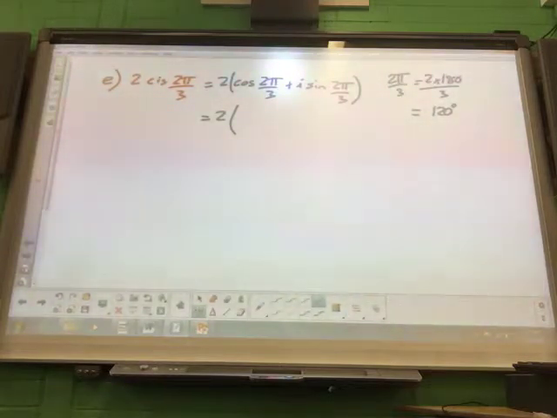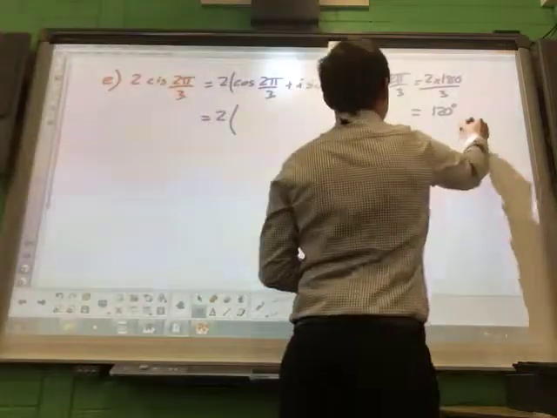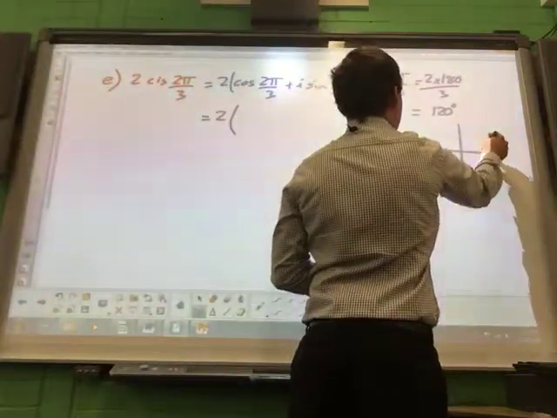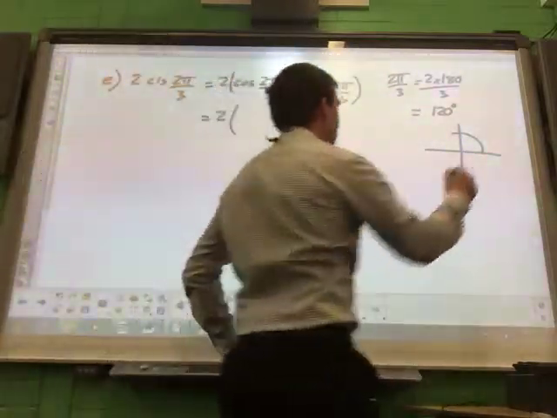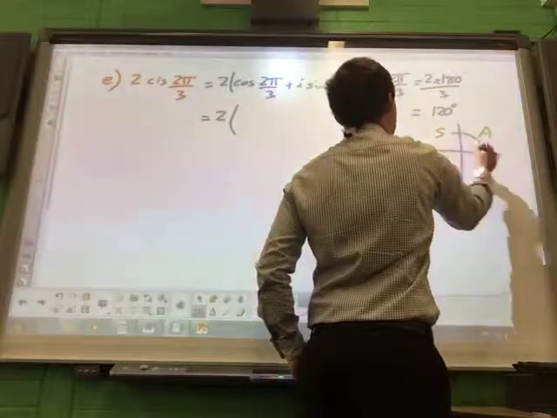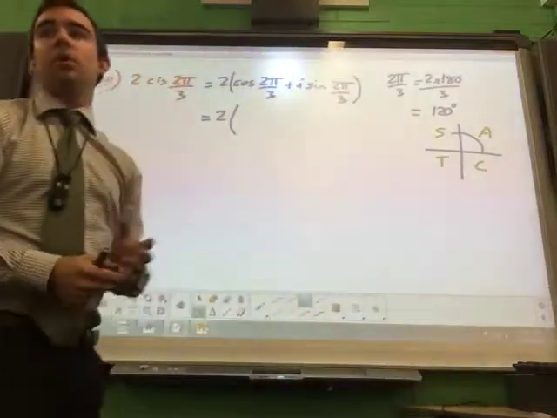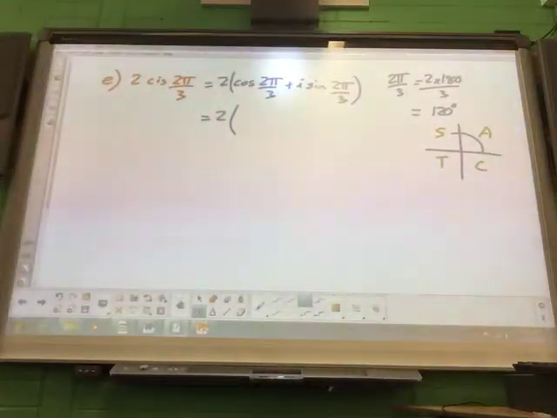It's an angle in what quadrant? Second. Remember we measure angles anti-clockwise from the x-axis. All students take calculus, so sine is positive in the second quadrant.